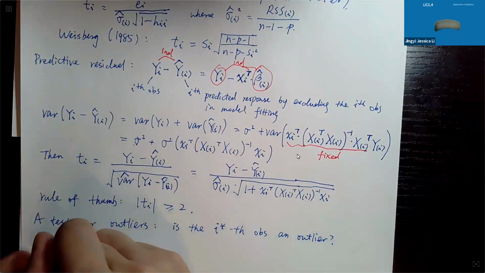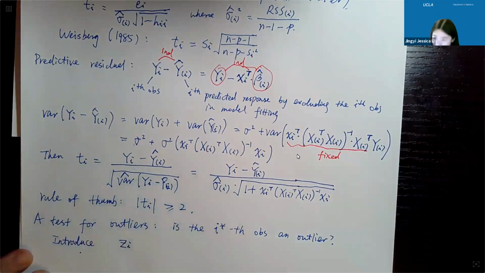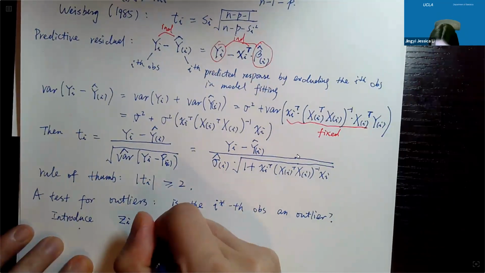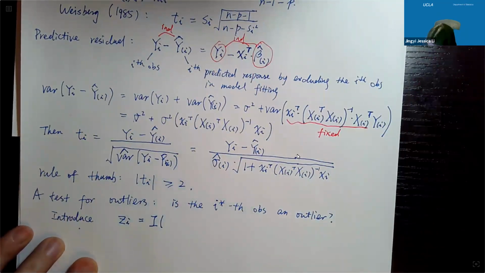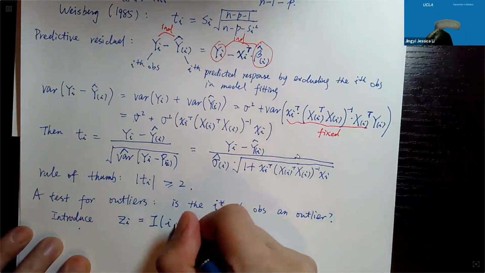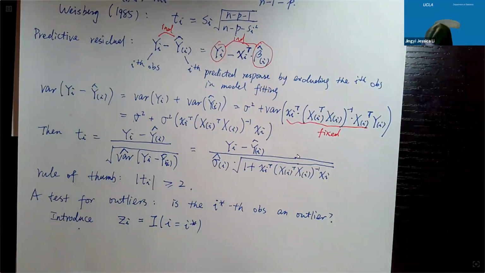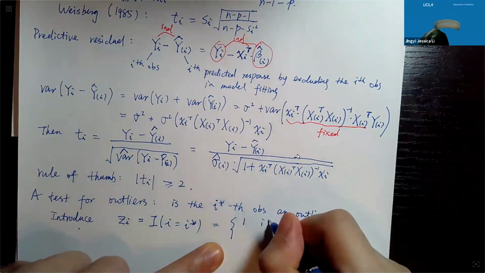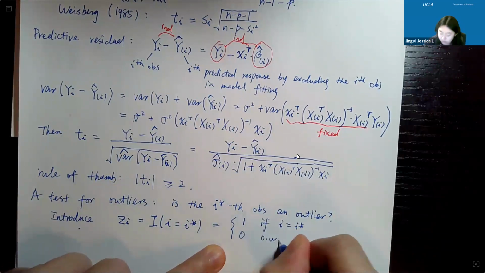We introduce Zi as our binary indicator, and we give it two values. It's an indicator of whether I equals I star. In other words, we have Zi equal to 1 if we are talking about the I star observation, and 0 otherwise.